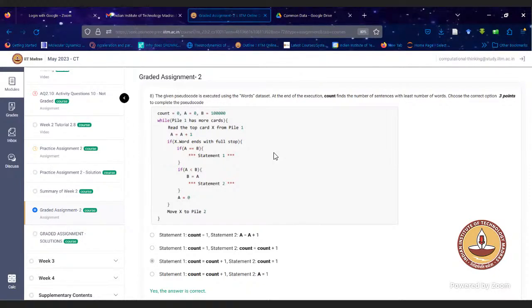Could you repeat that? So the third sentence in the given data had 3 words, and it ended with a full stop. And sir, in that we had a less than b, so we assigned the value of b is equal to a, and then sir, the statement 2, count is equal to 1, was executed here.